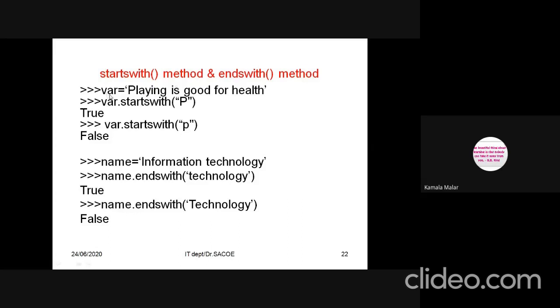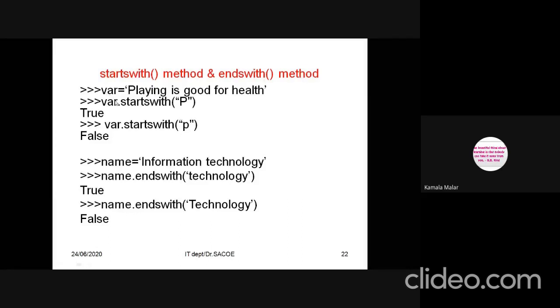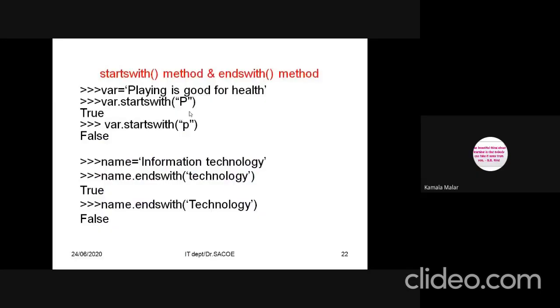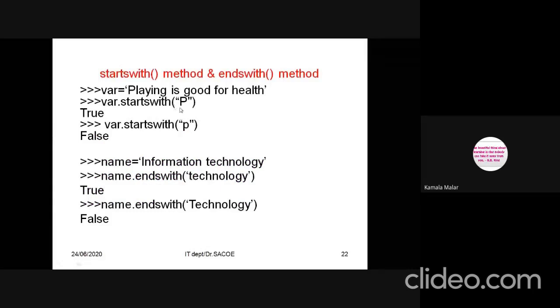If I want to check whether that particular string starts with capital P, remember strings are case sensitive. Uppercase and lowercase are different; upper P and lower P are different. So if you check whether this string starts with P, it will return true because our case is uppercase.